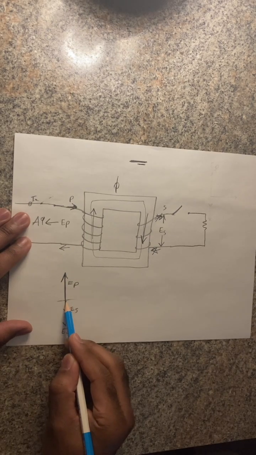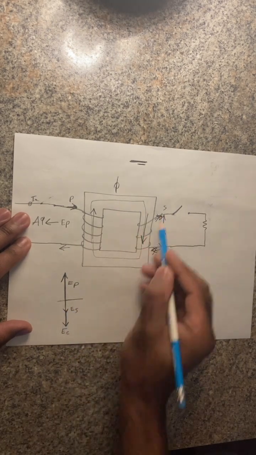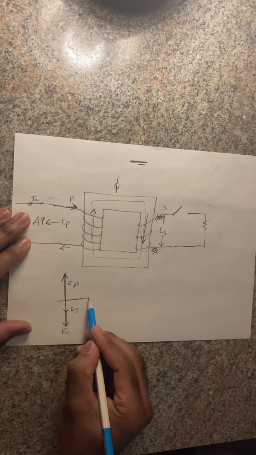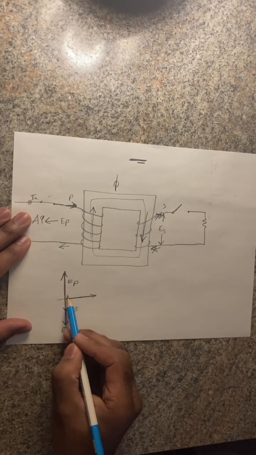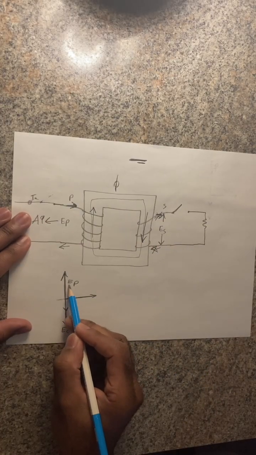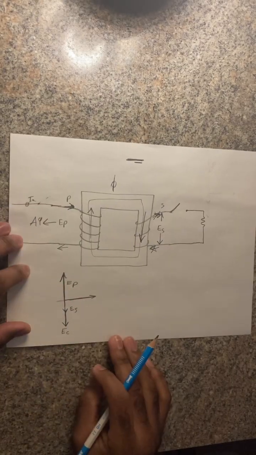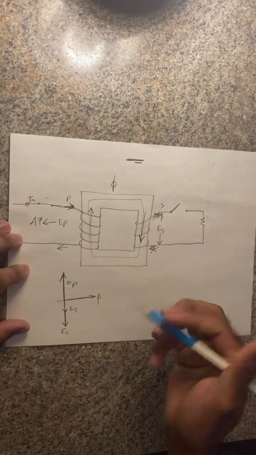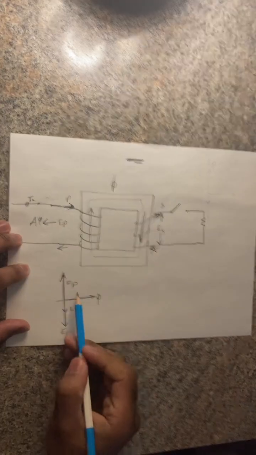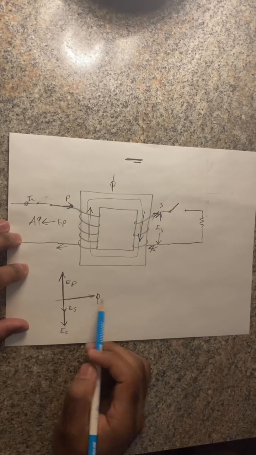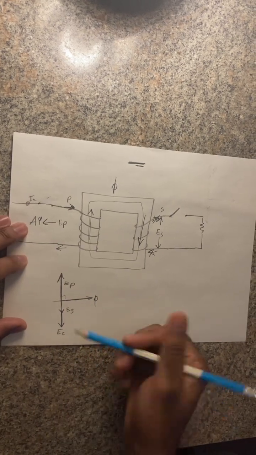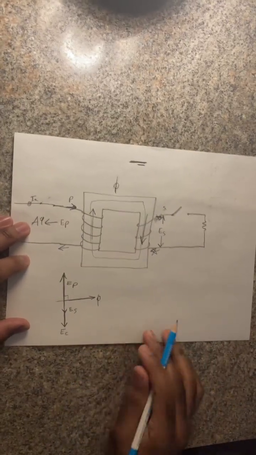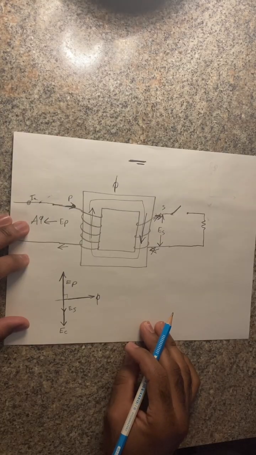As far as the flux is concerned, it will be approximately 90 degrees displaced from EP, which is the primary voltage. Therefore it lags the primary voltage by 90 degrees, and it will lead the secondary voltage, the counter EMF, by 90 degrees.